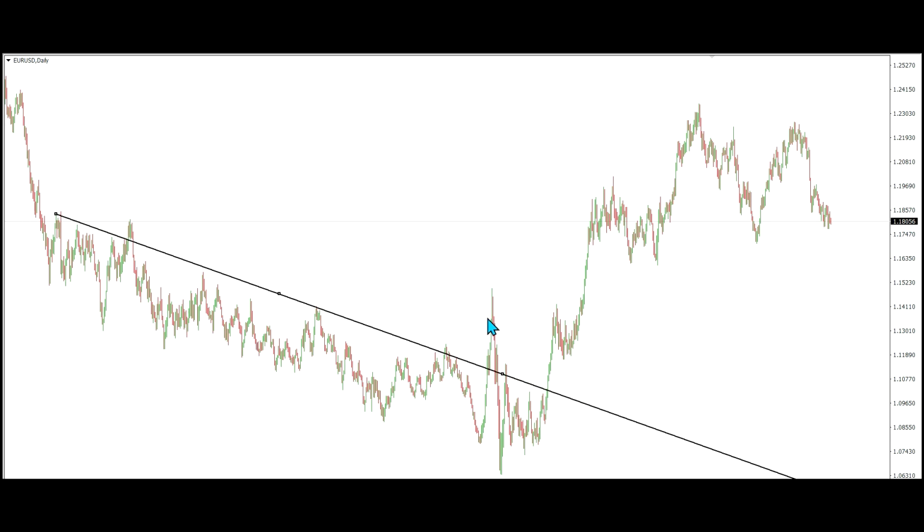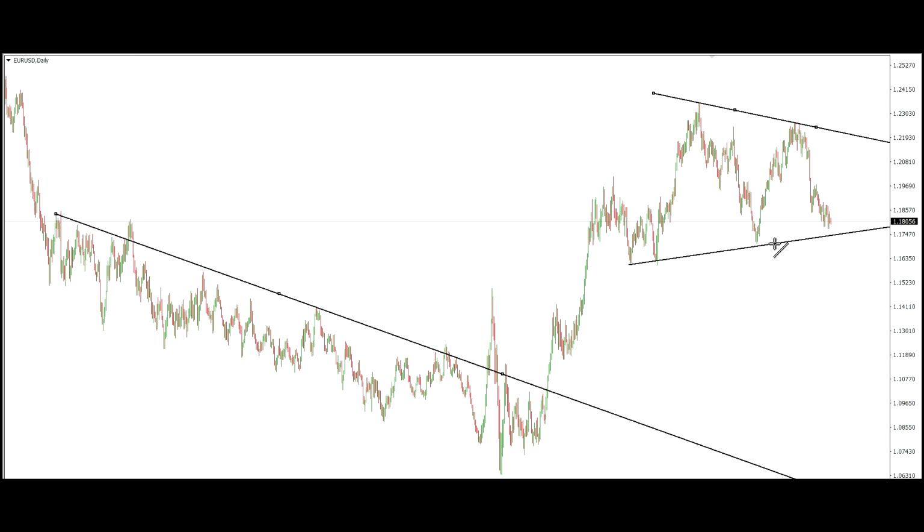Again, the price of this Euro USD currency pair is very volatile. Lots of false breakouts, and finally it broke out here. And then it spiked up. And the only thing that I can see right now, if we extend this out here, is that it's kind of trading in a range.